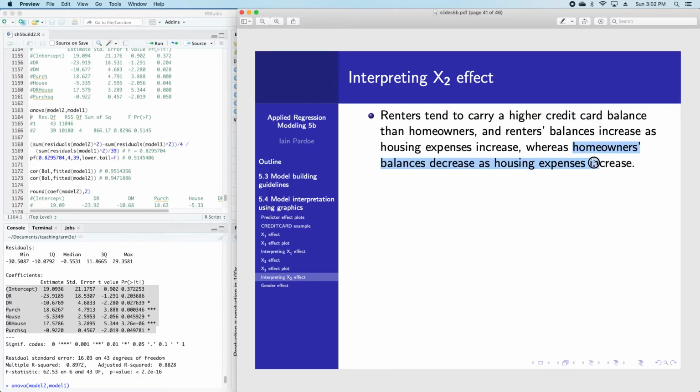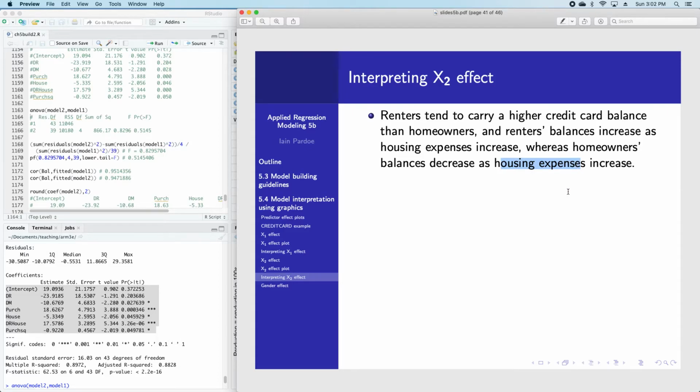What about, what's one possible reason why homeowners' balances decrease as their housing expenses increase? So for them, their housing expenses are going to be tied to their mortgage.